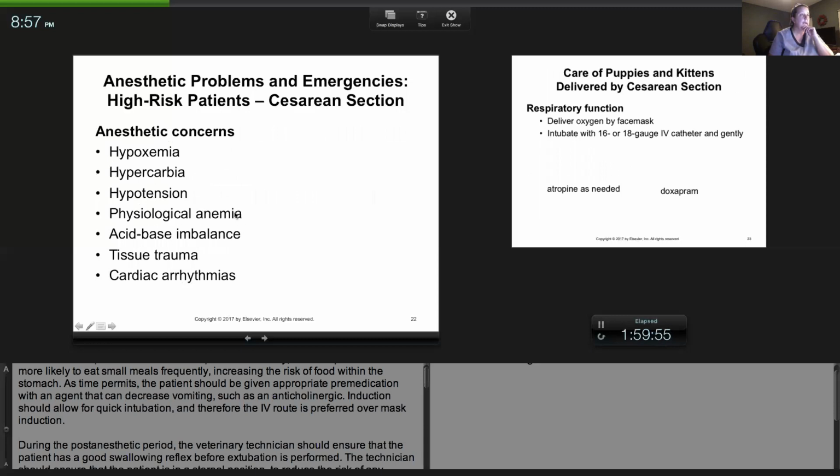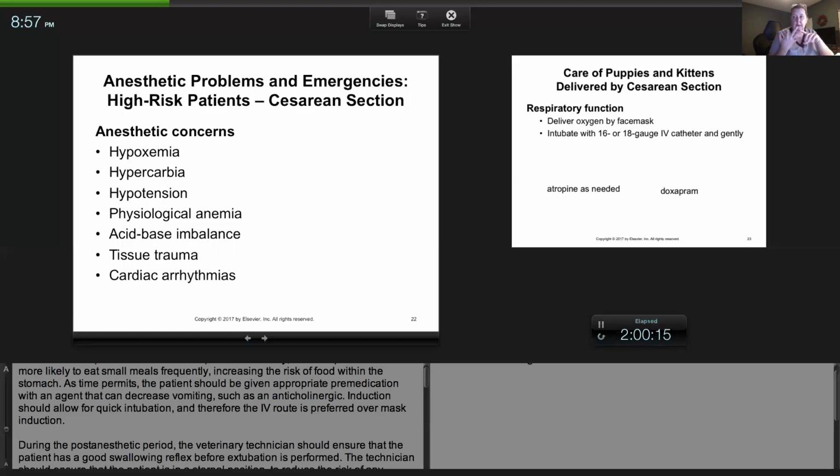So we worry, as I've talked a little bit about, about low oxygen, high CO2, low blood pressure, acid-base imbalance, because again, fluid balance in these patients, and the puppies kind of sucking up calcium and electrolytes.